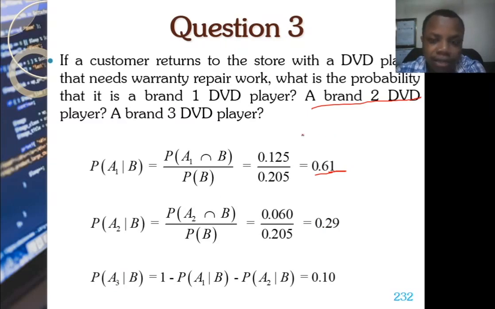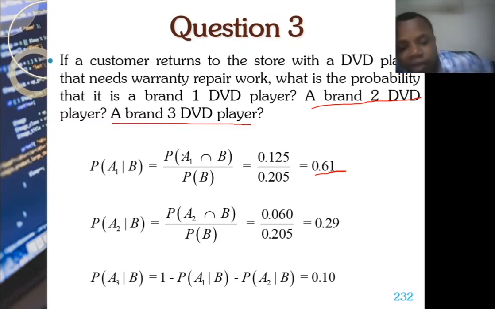And finally, the third one, which happens to be brand 3 DVD player. The probability of a brand 3 DVD player, given that it's going to need warranty repair work, will be equal to, we have two approaches in here.